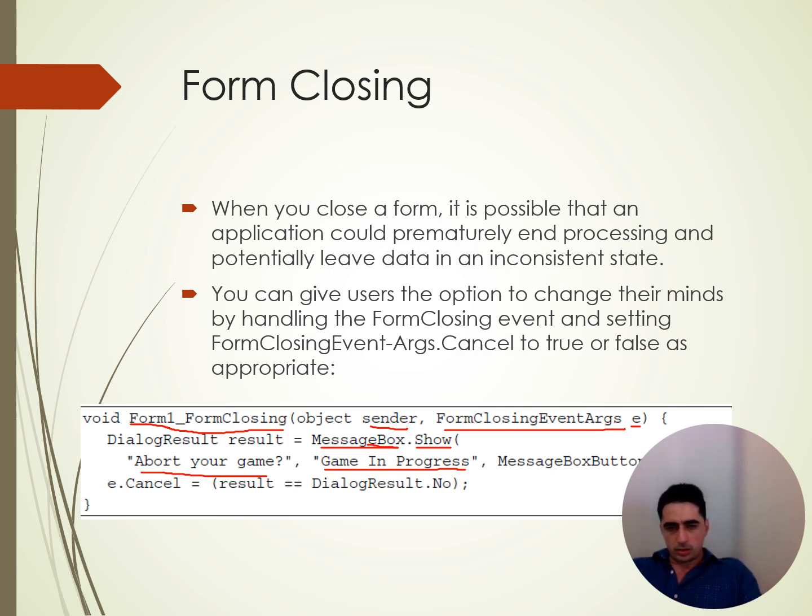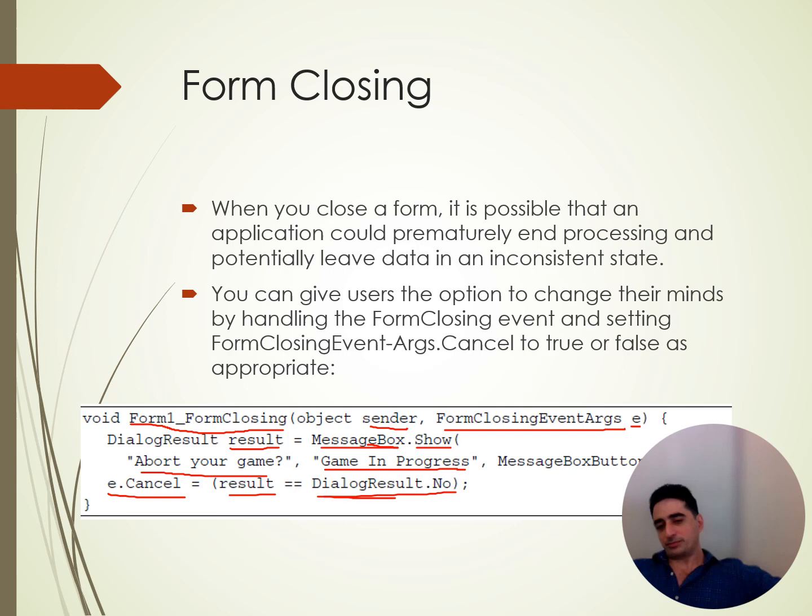If the user decides to click on no, that means let's not abort the game, then the dialog result will be no. Dialog result is what will be returned by the show method of the message box. And if the result is equal to DialogResult.No, then we're going to set the Cancel property of FormClosingEventArgs equal to true.